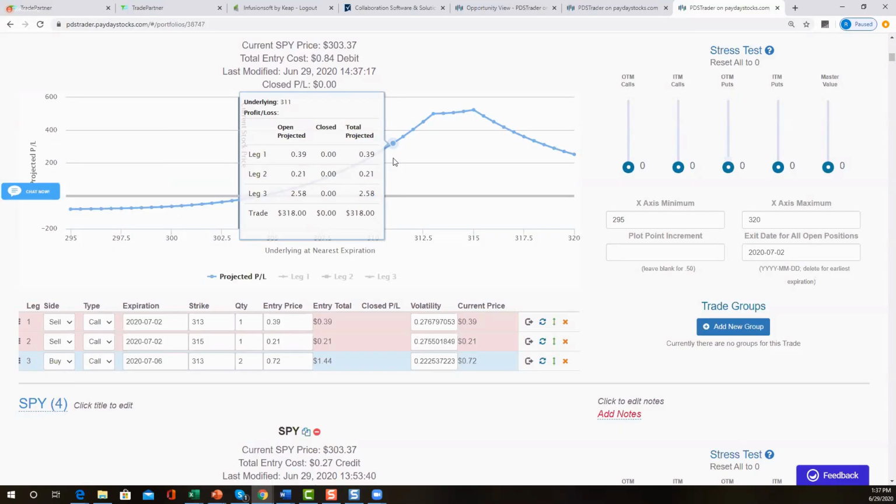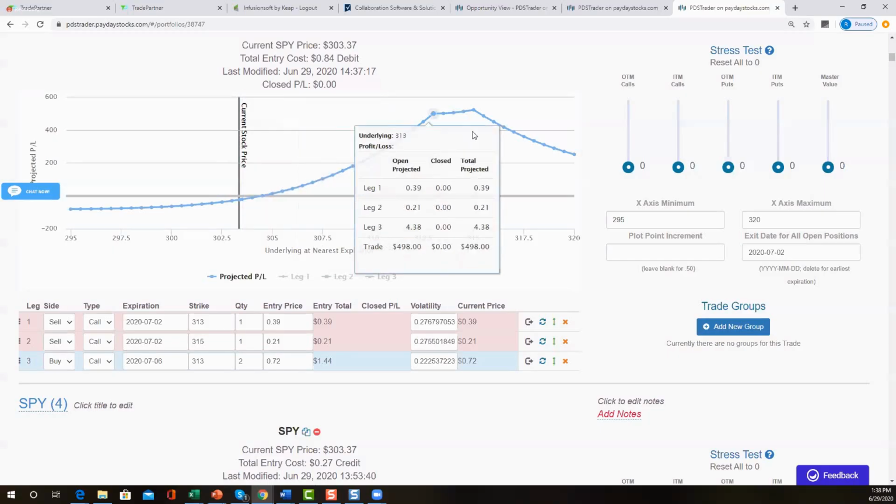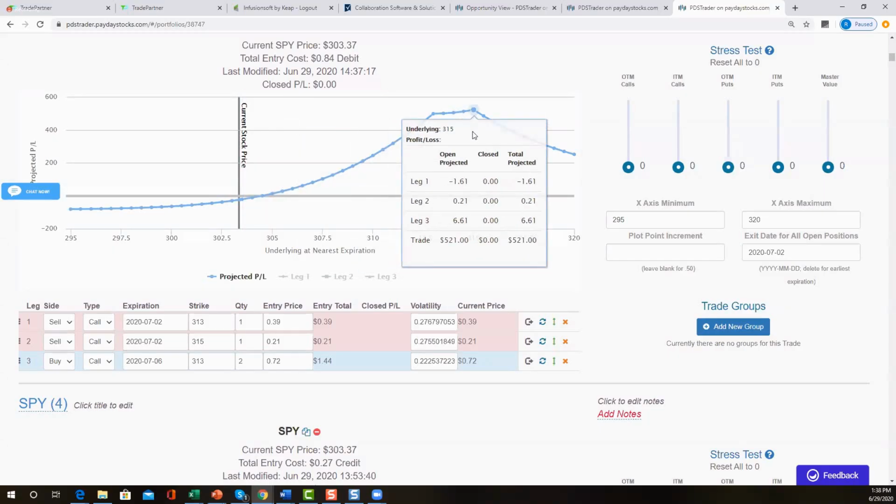Again, it's not going to be quite $318 because the volatility is going to come down a bit, but you'll also notice that it's not at its profit peak. The profit peak is actually where the dead zone in the first trade is. The profit peak at 315 here is at $521. That's the profit potential of this particular trade.